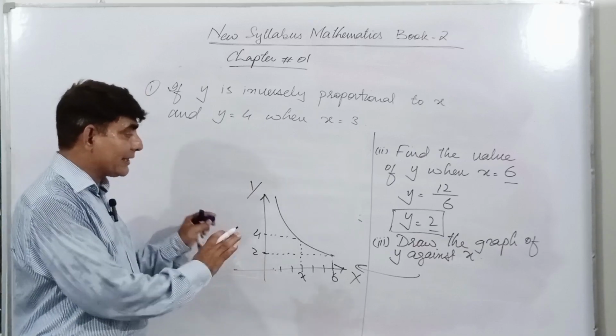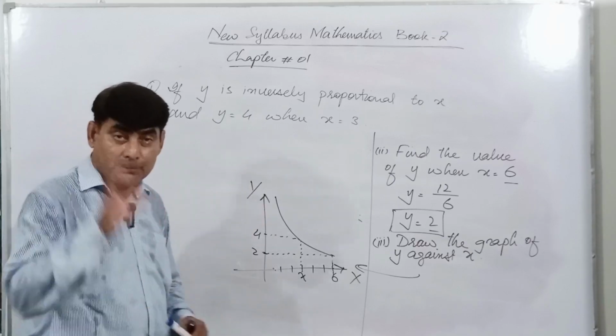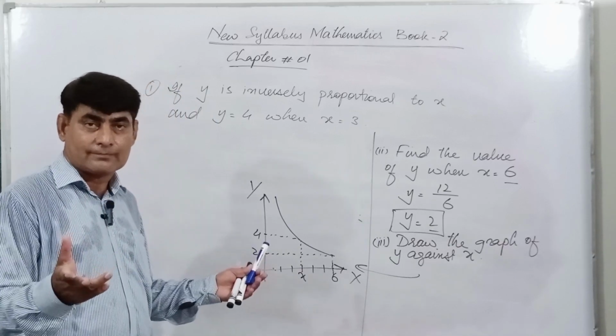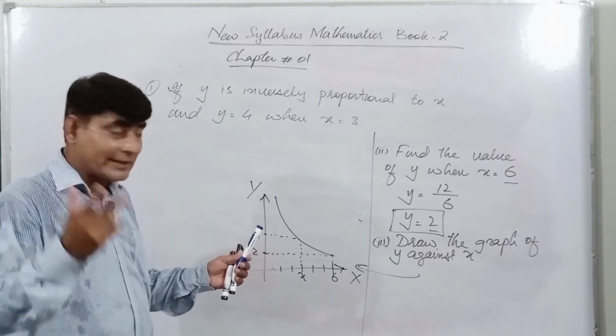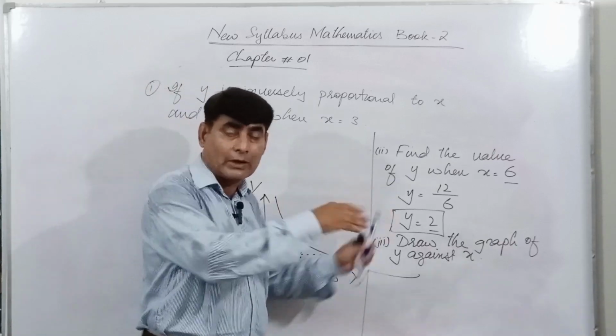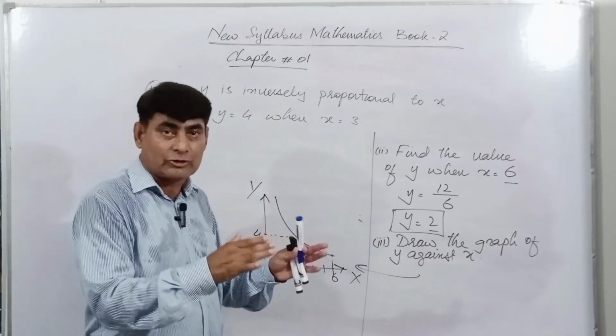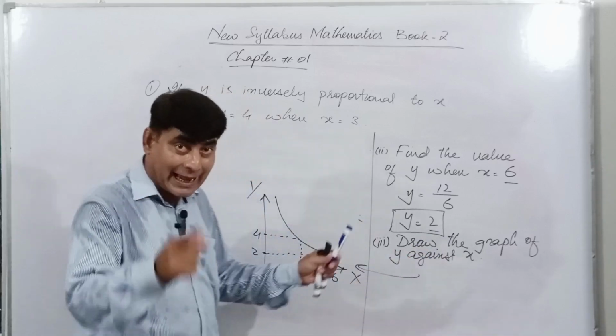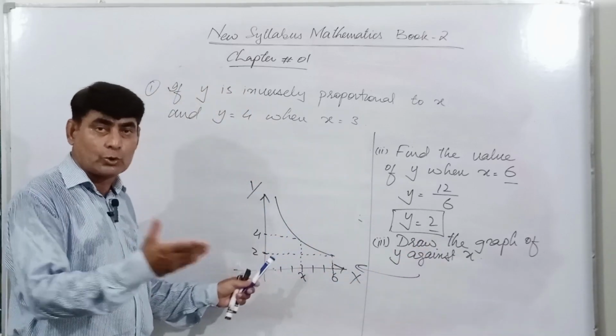Now this is the third part. This is a complete question. In step number 1, we found a relation between x and y. In the second part, we followed the formula, whatever we obtained by the process. Now the third part, draw the graph of y against x. It has the same shape as I've told you.